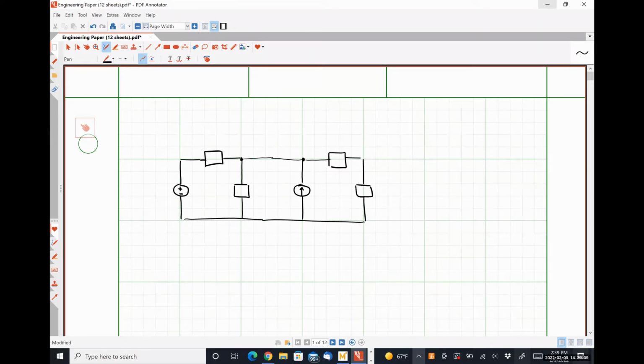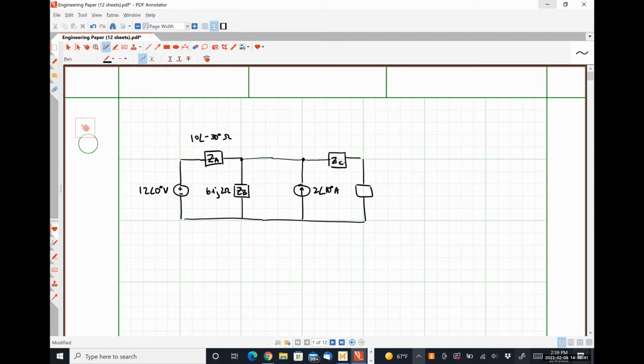So we're going to start in the frequency domain. So let's, for the sake of argument, call this 12 angle 0 degrees volts, and this current source 2 angle 10 degrees amps. Let's call this impedance up here ZA, which will be 10 angle negative 30 degrees ohms. This impedance here, ZB, will be 6 plus j2 ohms.